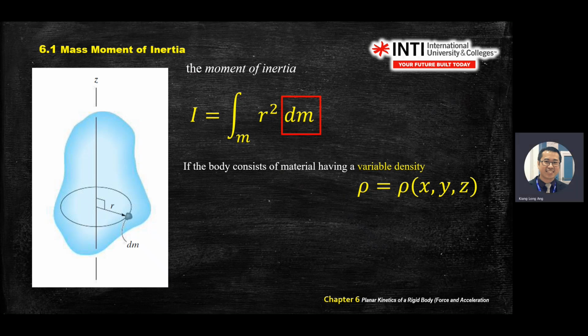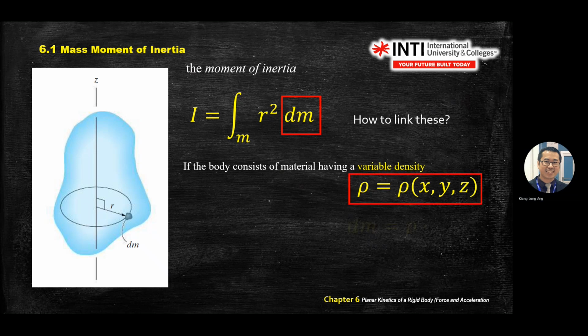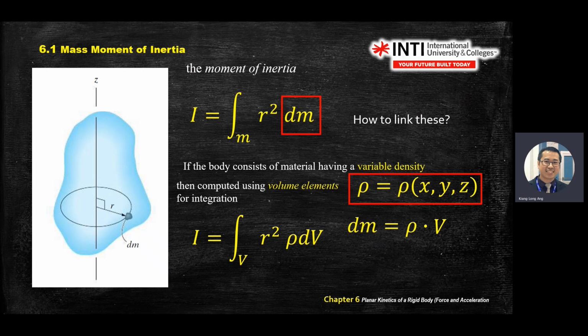So how do you calculate from density? If you want to calculate your mass, you need volume. You take volume, multiply by density, you get mass. Okay. So in chapter 6, sometimes you need to calculate the volume, and then multiply with the density. So you change your moment of inertia integration equation from r square dm into r square rho dv.